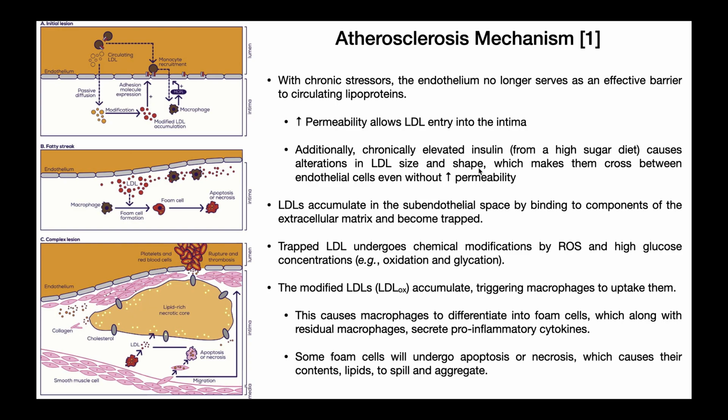The liver is pumping these things out, and they actually are a different shape than what they would normally be in a healthy individual. And so if the LDLs are smaller, it makes it easier for them to fit through the spaces between the endothelial cells. And actually, you can have LDLs get into the intima even without this increase in permeability. However, they tend to occur together.